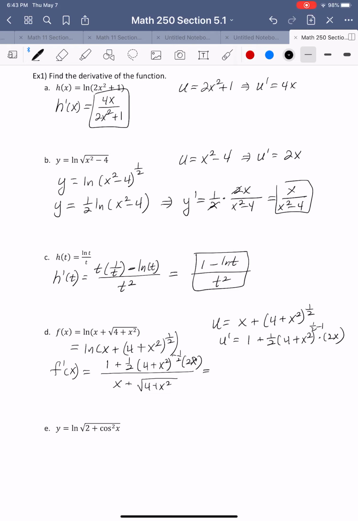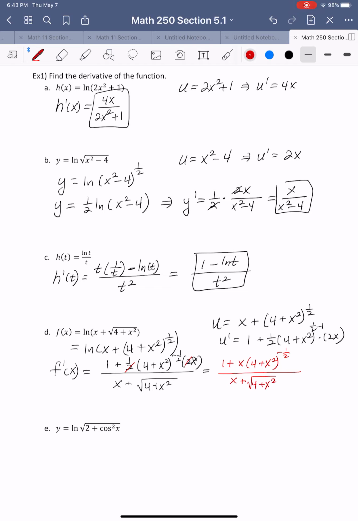And then you will see that the 2 cancels out, right? So you get 1 plus x, I want to pull the x out, and then 4 plus x squared to the negative 1 half power, over x plus the square root of 4 plus x squared.